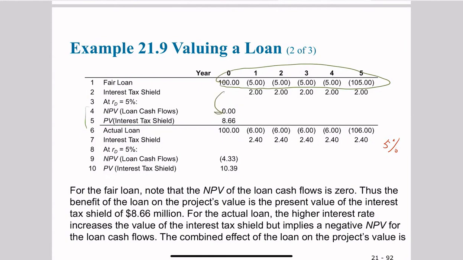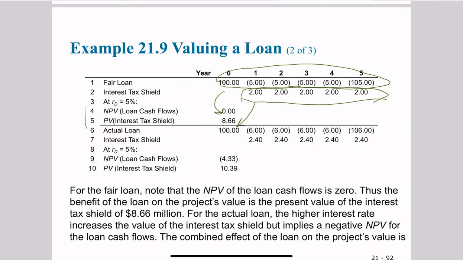So you can see that the net present value of the debt should be zero because this is a fair debt, right? There is no underpricing. Of course, the net present value should be zero. And then we have this interest tax shield.